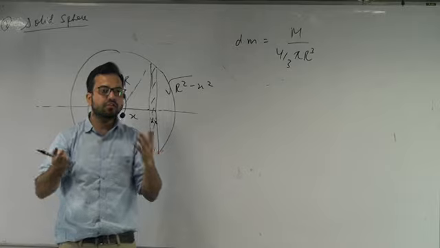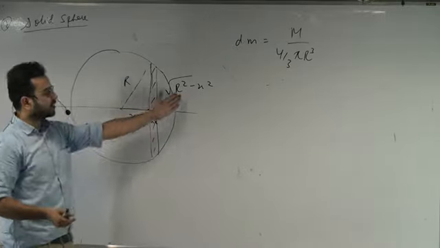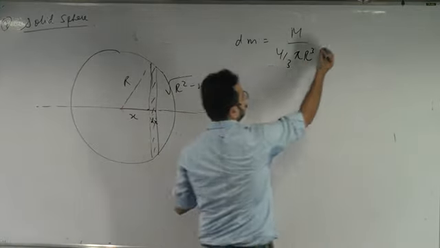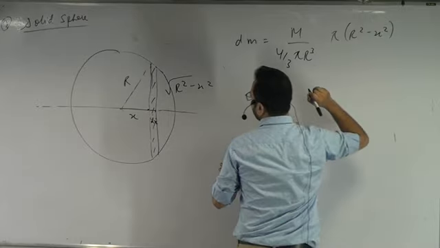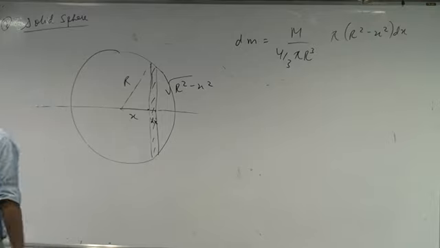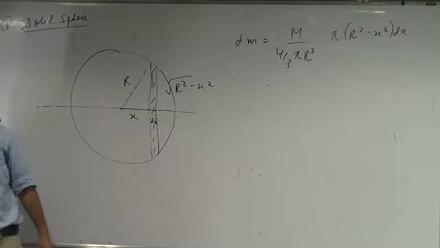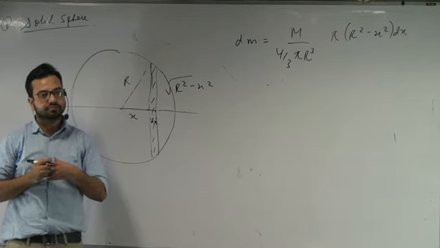A cylinder. तो क्या हो जाएगा? Pi the radius square multiplied by उसका thickness. So what is the radius? This is the radius. So this will be pi (r square minus x square) multiplied by what is the thickness? The thickness is dx. Is that clear?